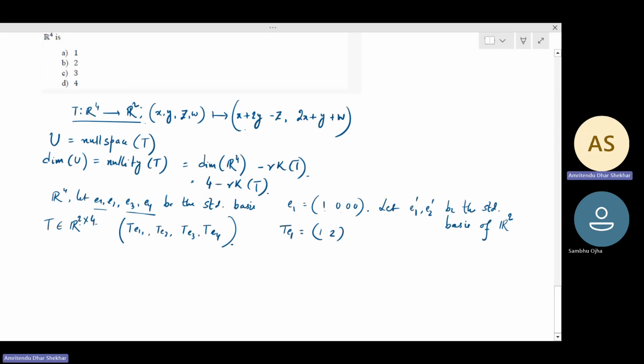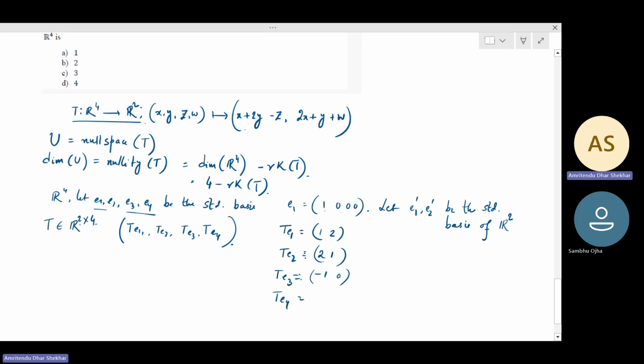TE2: here x, z and w are 0, only y is equal to 1, so this is going to be equal to 2, 1. Next, TE3 is going to be equal to minus 1, 0.